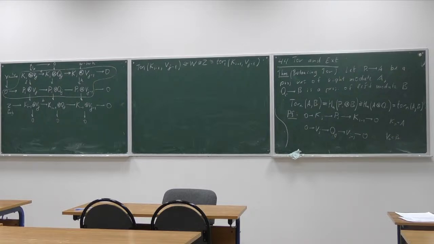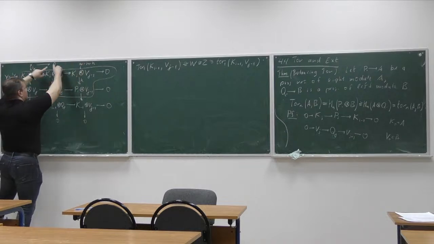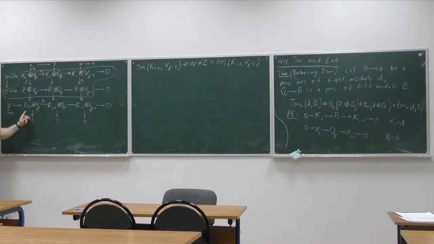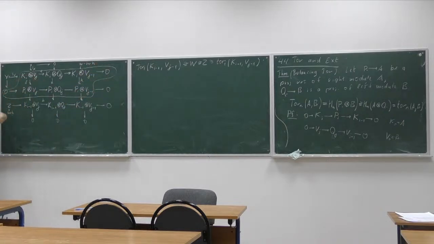Look at the diagram. I choose the diagram in red and apply the snake lemma to this part of the diagram. So I take these three maps and compute kernels. This will be three objects here. Compute cokernels. This will be three objects here. And there is a connecting map from the kernel to the cokernel. But now, of course, this kernel is 0.